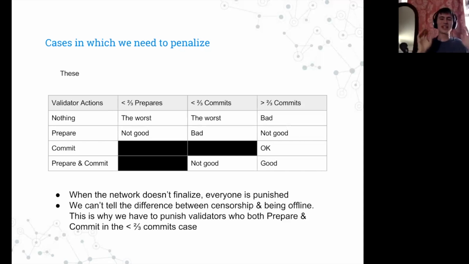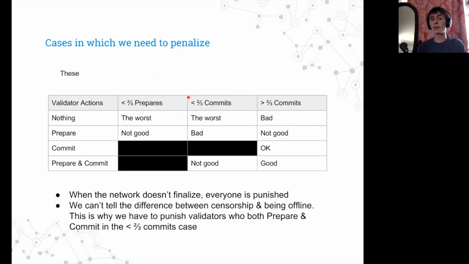Yes, so this is, okay, I think I've put my finger on the confusion. This column represents an epoch where there were less than 2/3 prepares. So maybe epoch number 5 had less than 2/3 prepares, and these are going to be the payouts for that epoch. Epoch number 6 had less than 2/3 commits, but it did have 2/3 prepares.